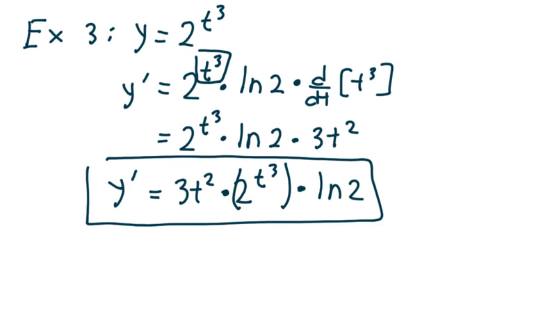Let's do another one. Suppose I have example 4. Suppose, well, I'm going to say g of x is 4 to the c over x.